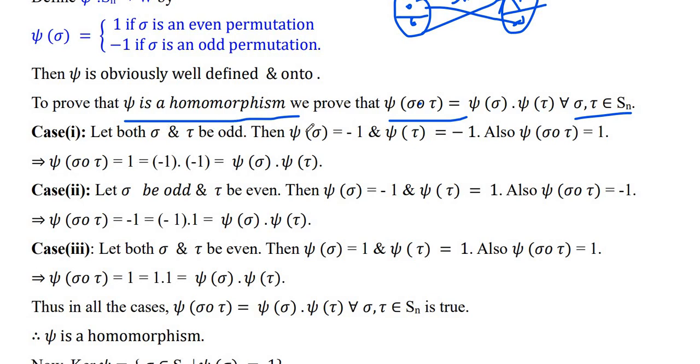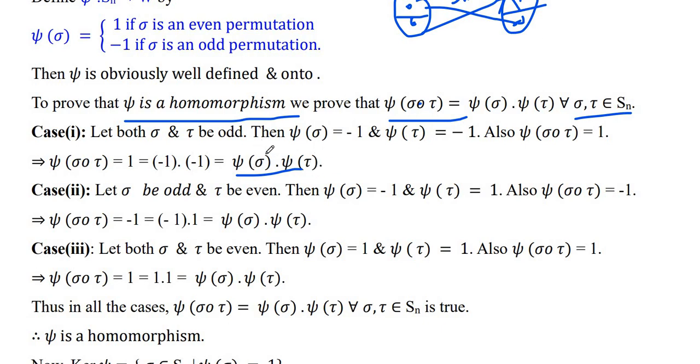Because sigma is odd, psi of sigma is minus 1. Tau is odd, so psi of tau is minus 1. So this minus 1 is replaced by psi of sigma, and this one is replaced by psi of tau. Remember, this dot is multiplication of real numbers, which is commutative. So you may write psi of tau dot psi of sigma also, but since it preserves the operation, psi of sigma, psi of tau will look nice.